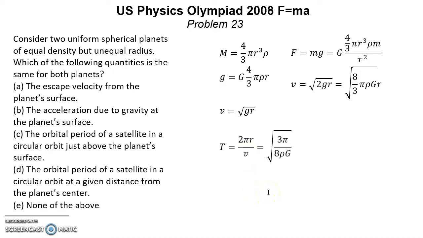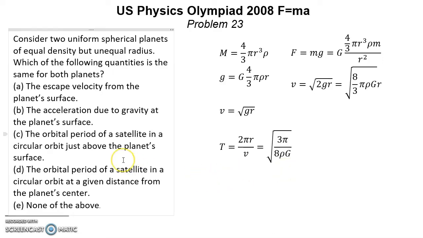And we see that using this substitution we can find that this speed is again proportional to radius, so radii cancel, and finally we have the same period for any planet with the same density.